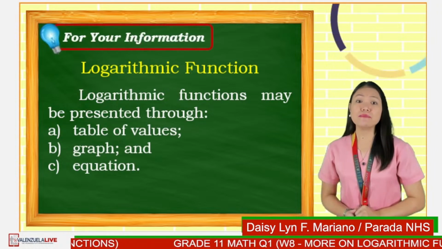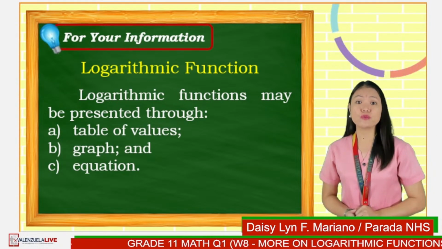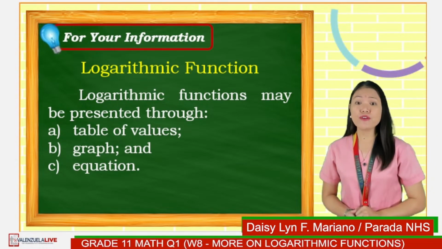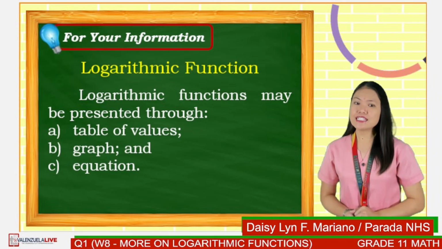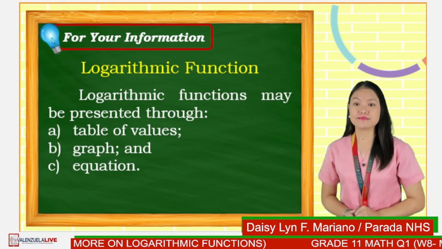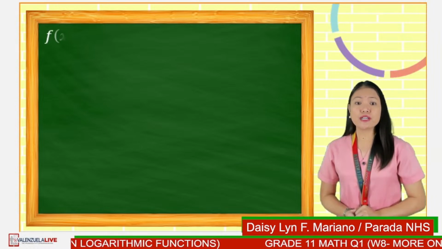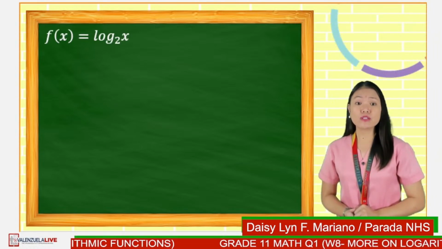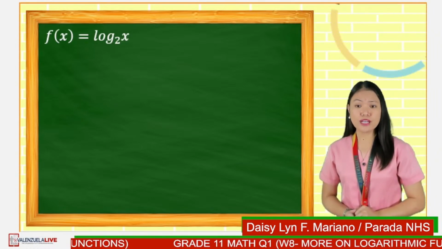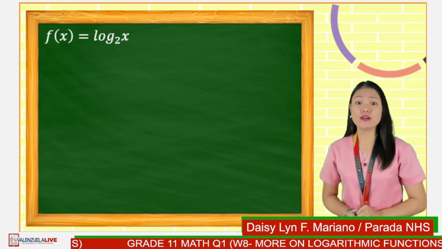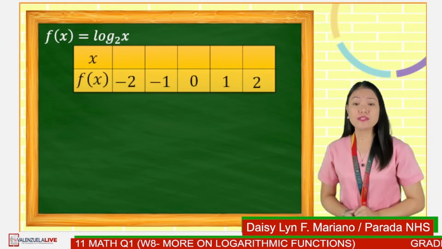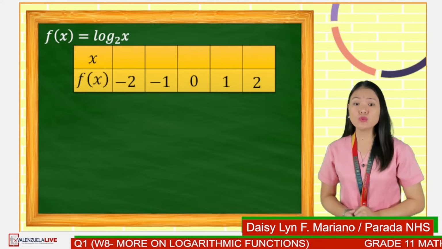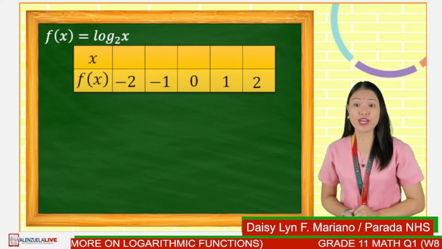Logarithmic function may be presented in 3 different ways, namely table of values, graph, and equation. Let us have an example to illustrate this. Given the logarithmic function f of x is equal to logarithm of x with base 2, let us construct a table of values for this, where negative 2, negative 1, 0, 1, and 2 are values for f of x.